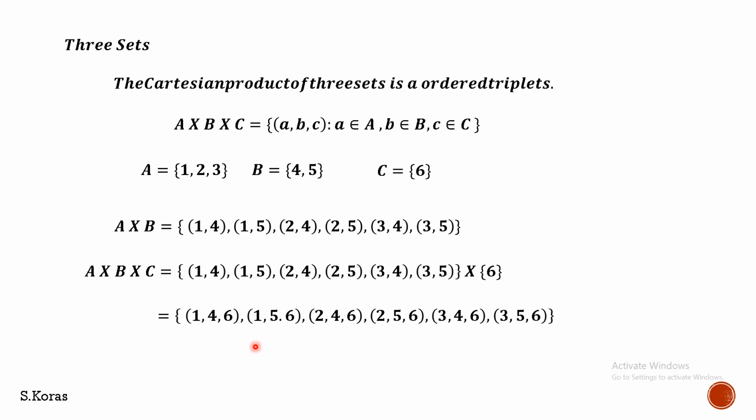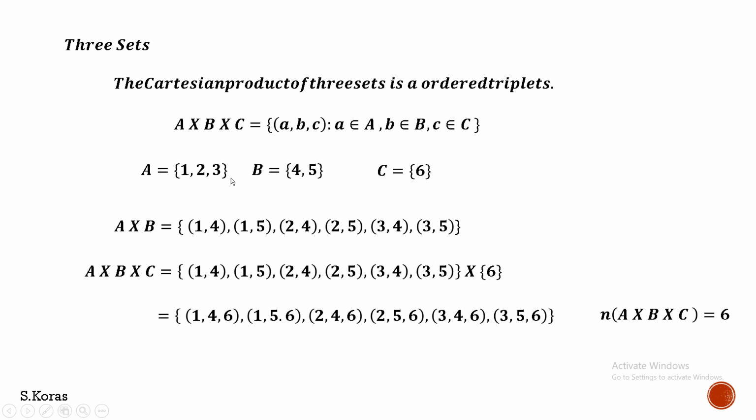Right. Now let us find its cardinal number, n of A cross B cross C. If we count it, 1, 2, 3, 4, 5, 6 elements are there. So our n of A cross B cross C will be equal to 6. Is it possible to get the 6 from set A, set B and set C? Yes, we can get it very easily.